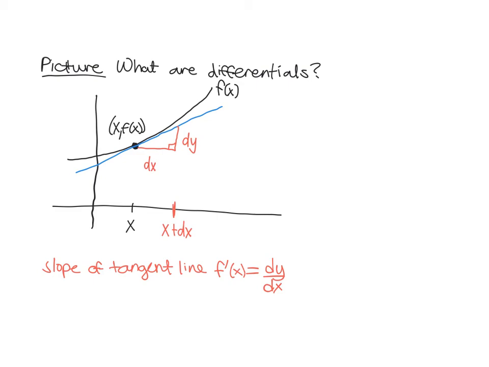All right, but now we also want to look at this point up here. It's directly above, so x plus dx is the x value for this green point. And now I want to look at this distance. That distance right there, we're going to call the change in y. So dy is really close to the change in y. However, it's a little off because the tangent line isn't exactly on f of x.